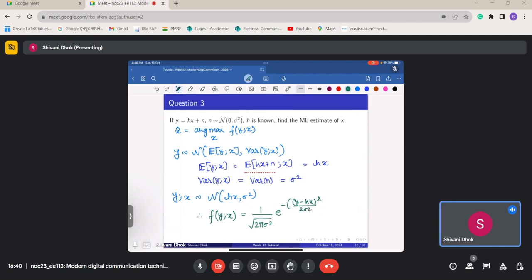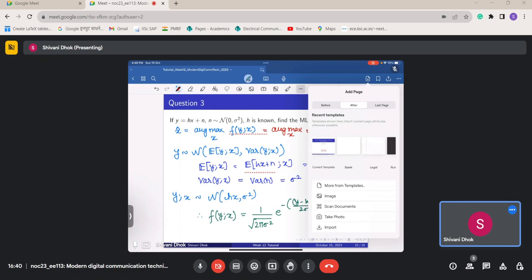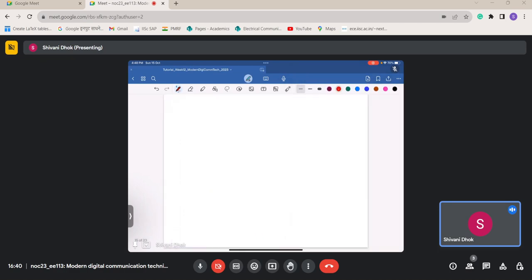Now again, as the argument that we made earlier, this is equal to maximizing log of f of y given x. These two are equivalent statements because log is a monotonically increasing function. So now let us take the natural log of f of y given x.